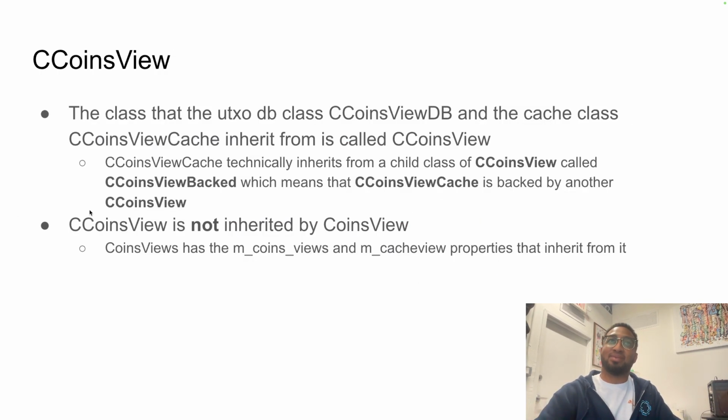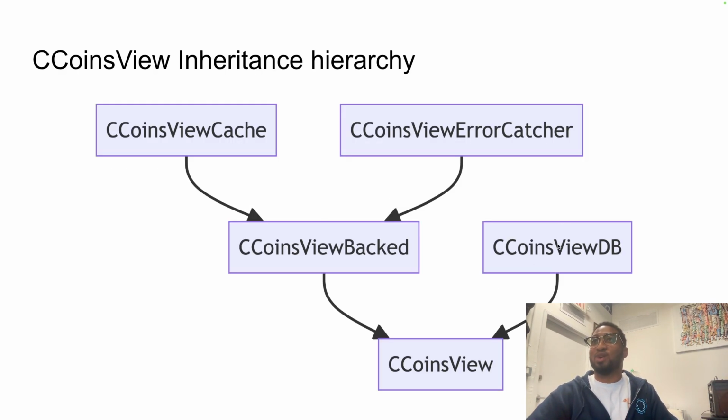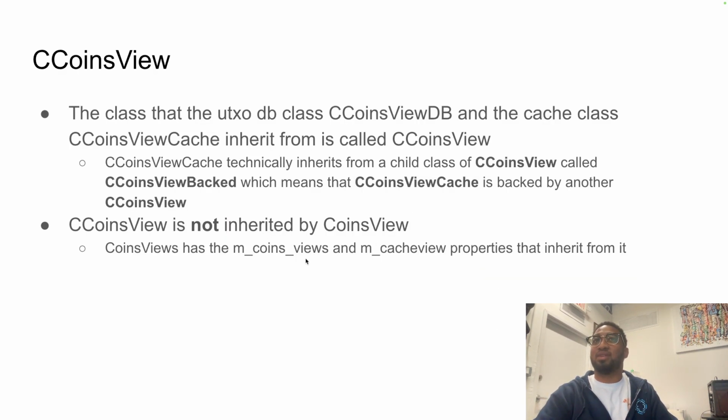Do I have anything here that helps explain? CCoinsViewDB and the cache class CCoinsViewCache inherit from blah, blah. That's what the diagram was supposed to say. CCoinsView is not inherited by CoinsViews. CoinsViews has the m_coins_views and the m_cache_view properties.